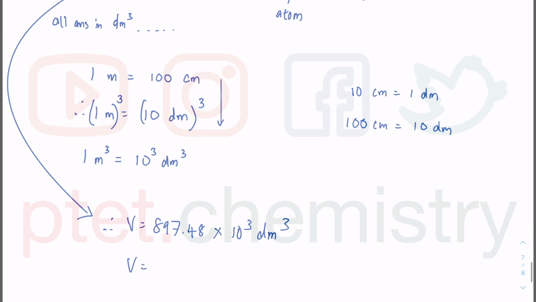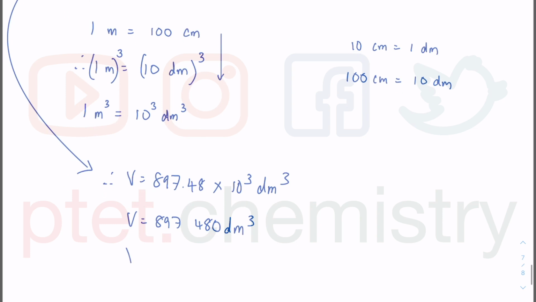That means I'll get 897,480 dm cube, and convert that to 3 significant figures: 897,000 dm cube. That's going to be option C. Option C is the correct answer there.